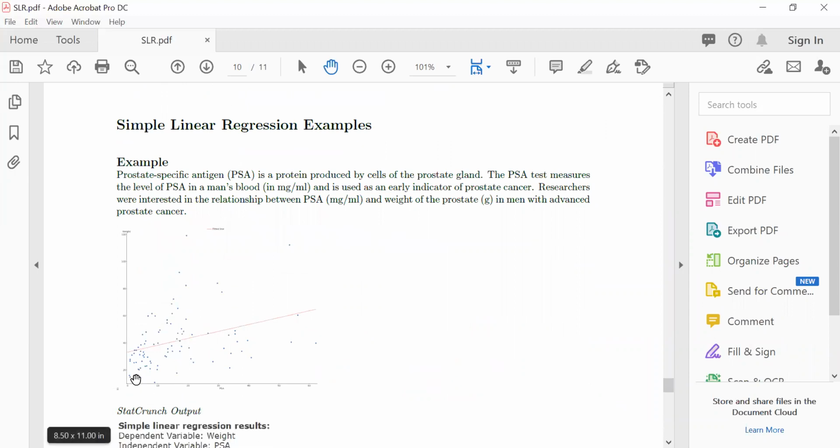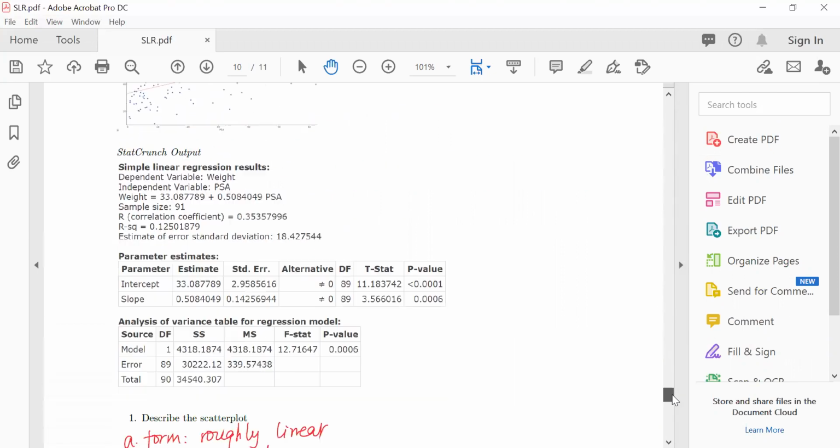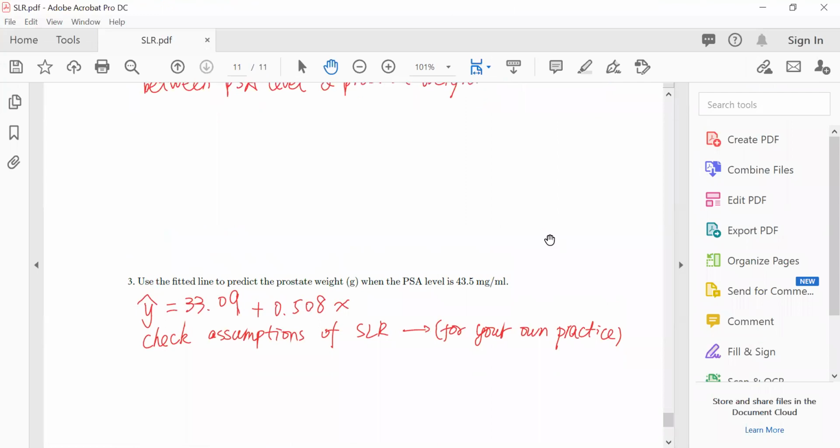And if you take a look at this scatter plot here, yes, this is within the data range, because it looks like it's from 0 to 60, right? The range is from 0 to 60. So this x equals 43.5 is within the range of the data. So we plug in x equals 43.5, and this is going to be roughly 55.